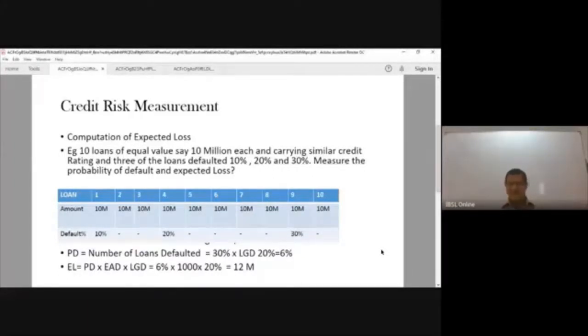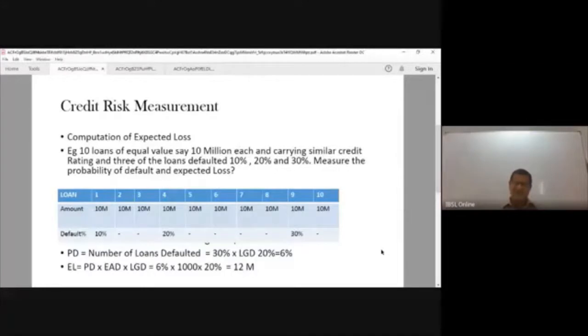LGD is 20%, the average, and PD stands for the number of loans defaulted, 30% into LGD, which is 6%. So our equation: expected loss equals PD into exposure at default, and into LGD will give us 12 million. This is how it has been calculated.